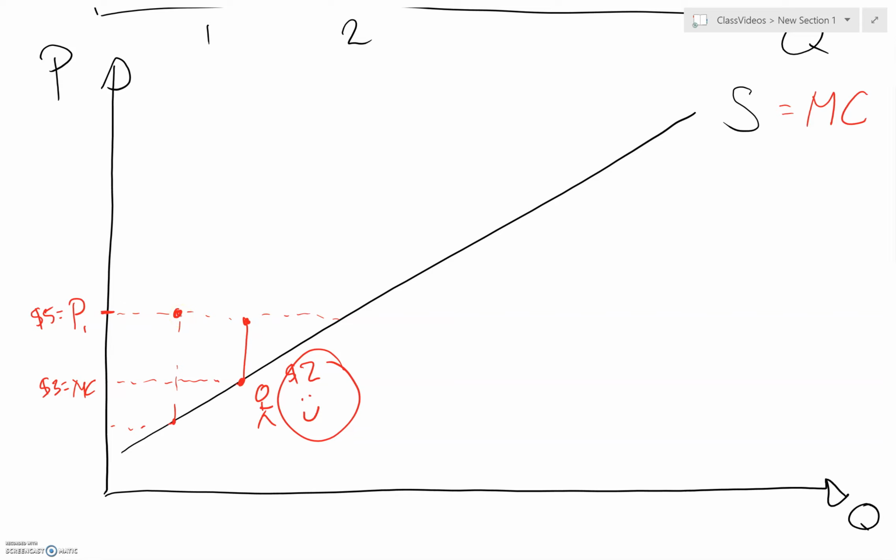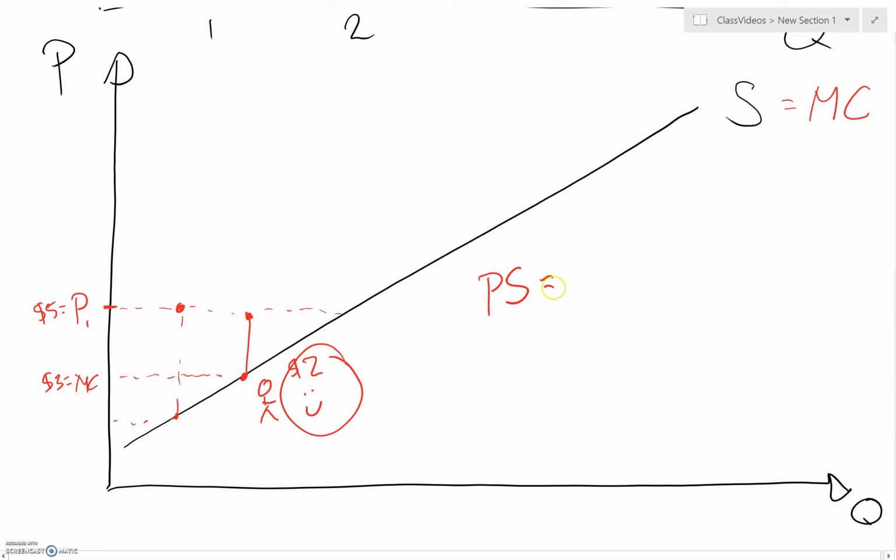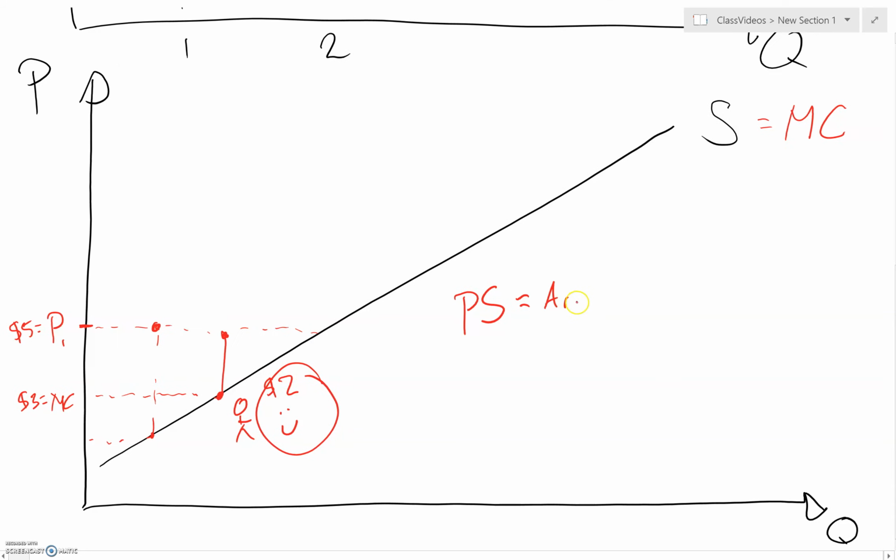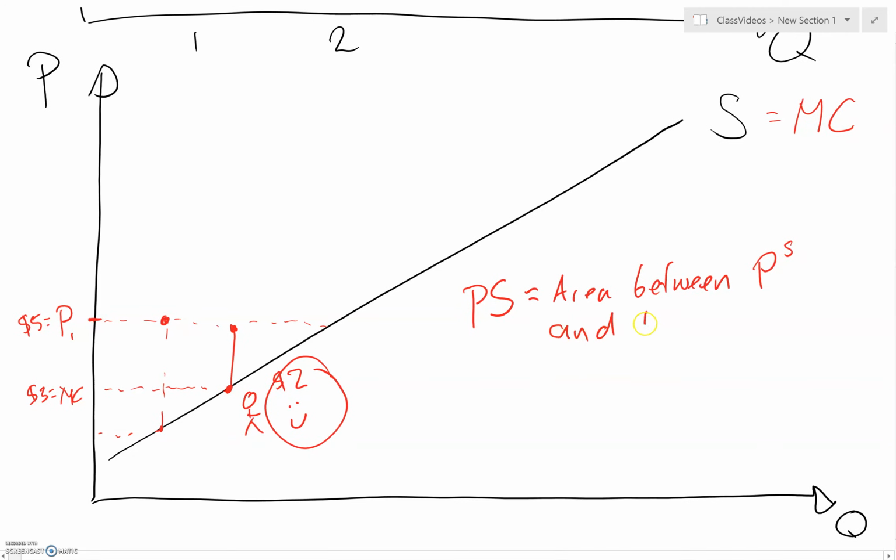And just like when we work this out for a demand curve, the producer surplus we're going to calculate as the area between the price sellers receive, and remember, in a market without taxes this is just the price, but when we introduce taxes, say in the next chapter, this is going to be important, and the marginal cost curve, which is also the supply curve.